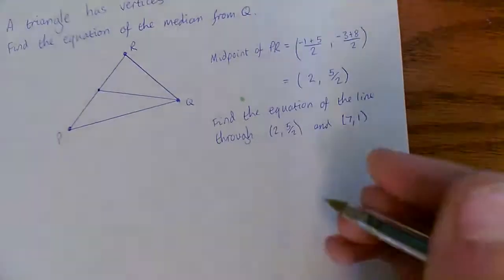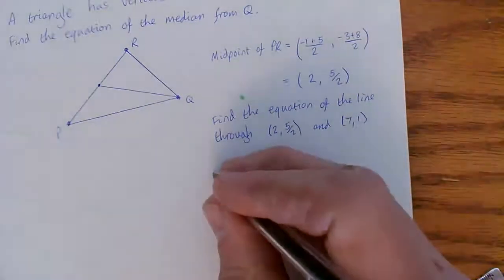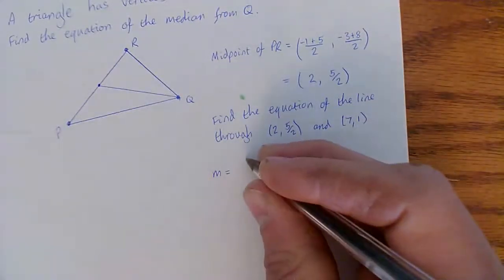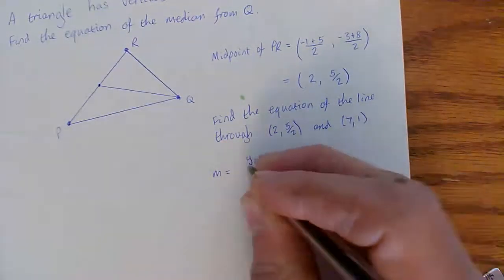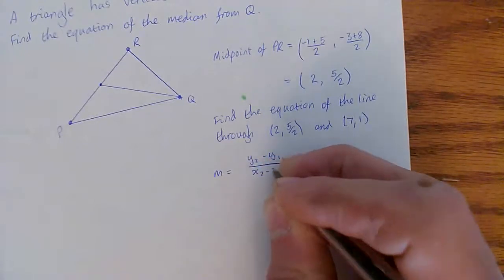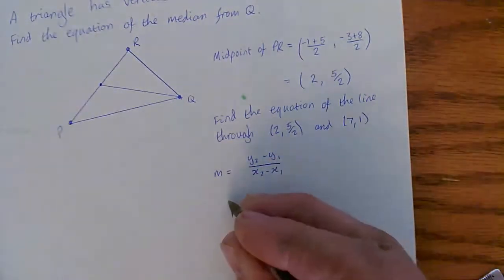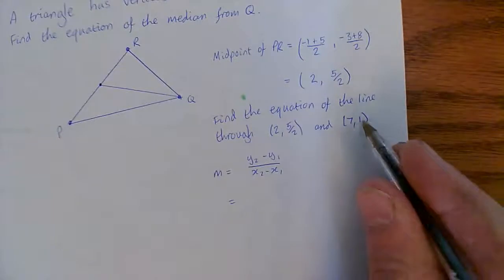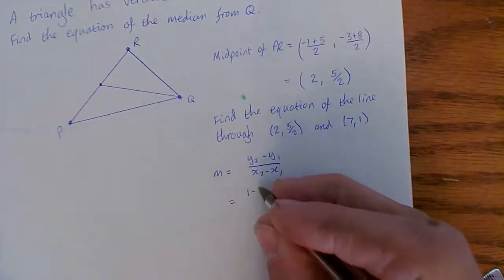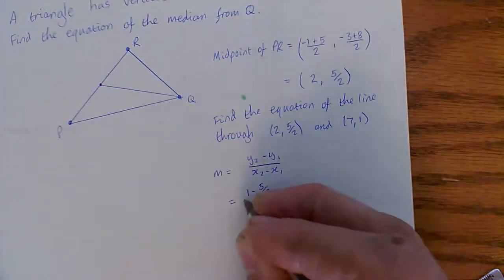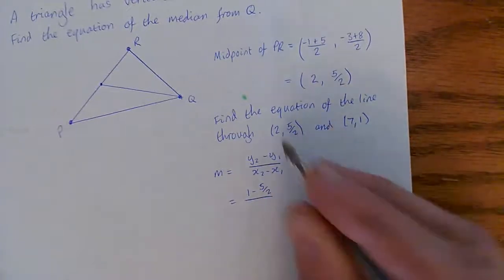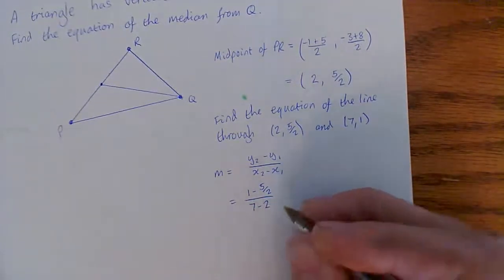Well, if I want to find the equation of the line, I need a gradient. So there's my gradient formula. Working out my gradient, I'm doing 1 take away 5 over 2, all over 7 take away 2.